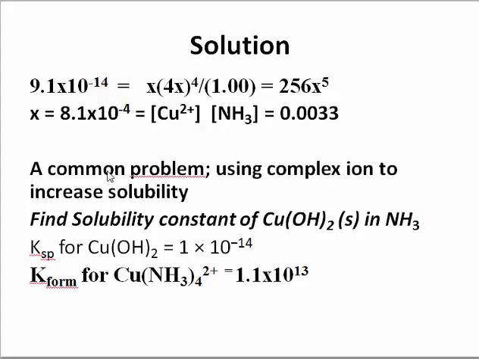A common problem or application of equilibria that you will see is using formation of a complex ion to increase solubility of an insoluble compound. For example, let's find the solubility of copper hydroxide in an ammonia solution.